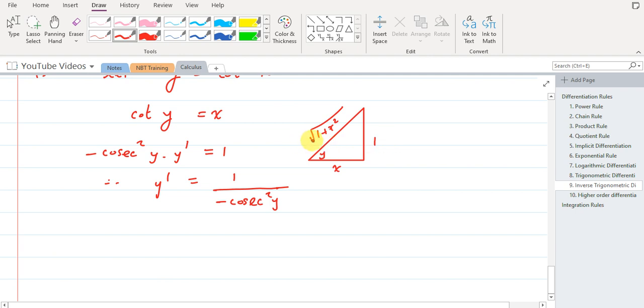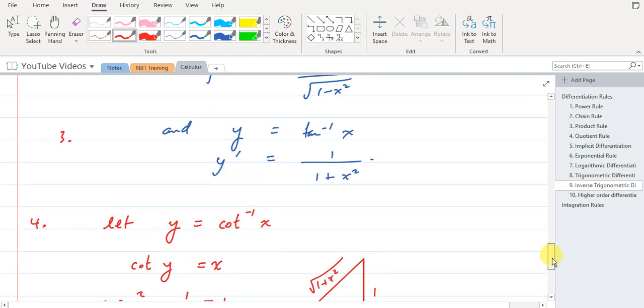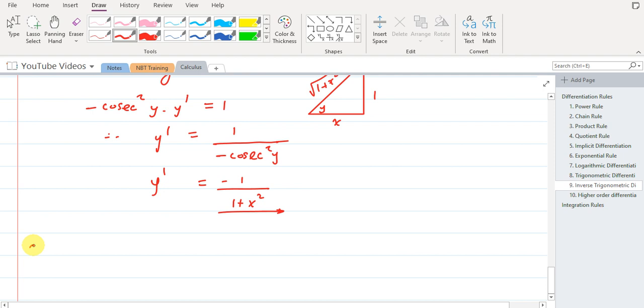So square root of 1 plus x squared over 1, and we're squaring that, so negative 1 over 1 plus x squared. So simple. Right, I think we should do one more in number 5.